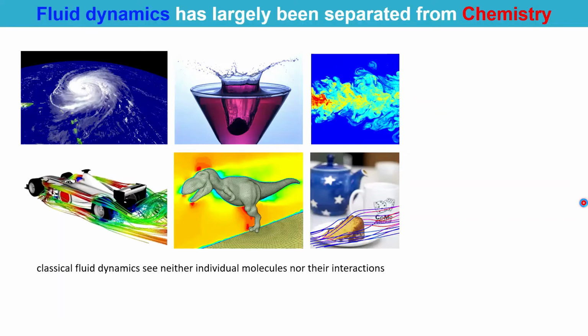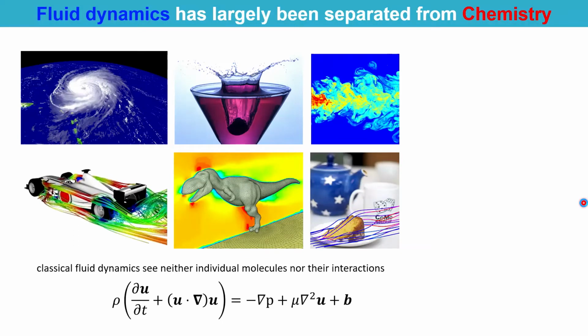This can be appreciated by looking at the governing equation of fluid flow, which is the Navier-Stokes equation. Here we show the Navier-Stokes equation for a classic Newtonian fluid. On the left-hand side, we see the mass times acceleration term, and on the right-hand side, we see the various forces responsible for driving a flow.